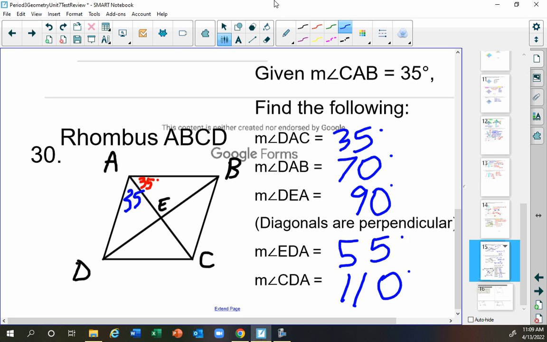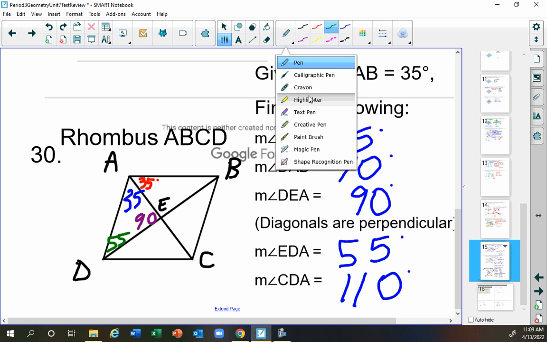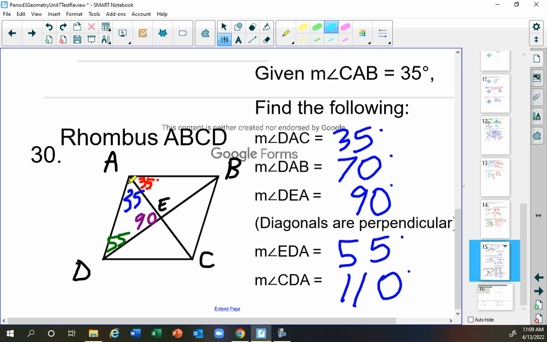I may review this briefly on Friday. Again, reason being, just your general rules. Remember, bisectors.